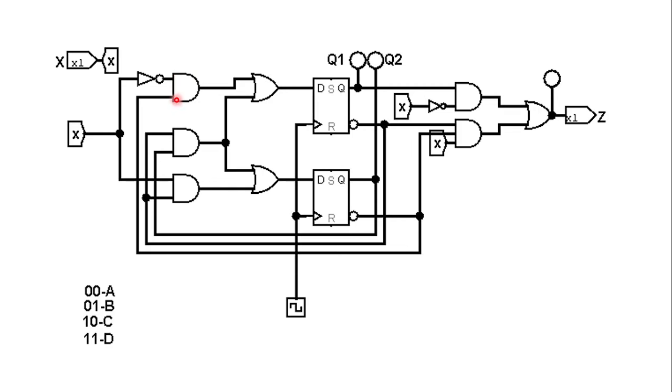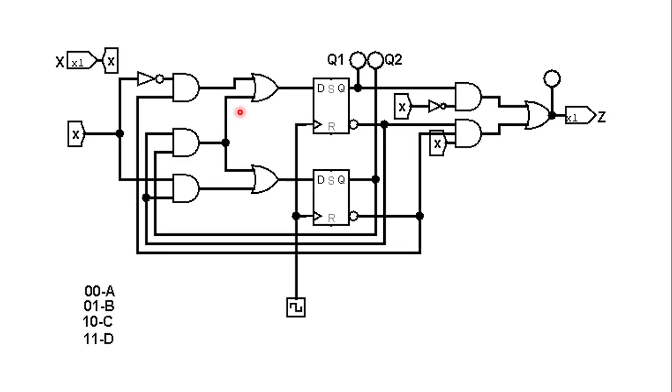One input is provided by an AND gate which has 2 inputs: one is X bar, the other is Q2 bar. So X bar dot Q2 bar is one of the inputs. The second input is taken from an AND gate, where one of the inputs is derived from Q1 bar and the other input is derived from Q2.